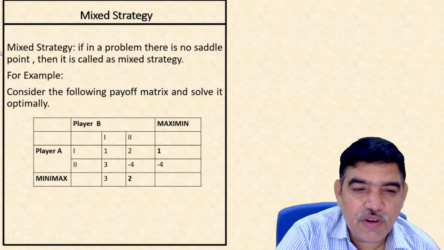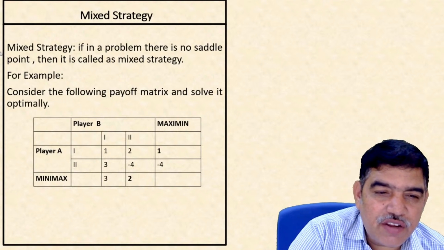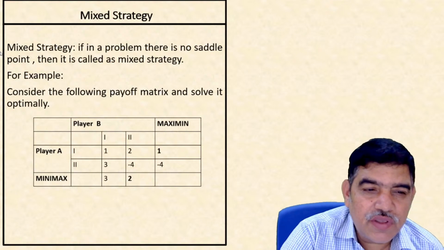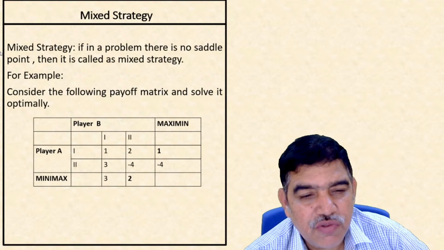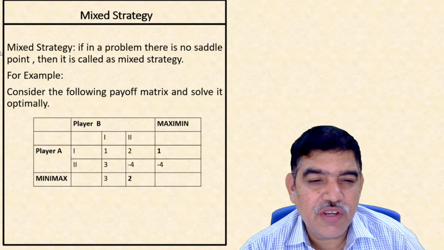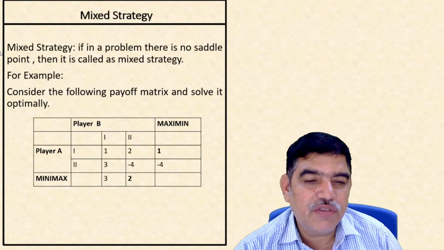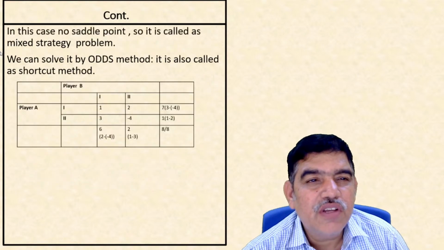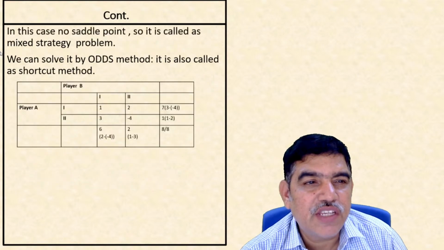Similarly, column wise, we have to find the maximum loss in strategy 1 for player B, that is 3, and for strategy 2 the maximum loss is 2. Then we find the minimum loss among these two, that is 2. That means I have represented them in bold letters, so in this case there is no saddle point. So it is called a mixed strategy problem.